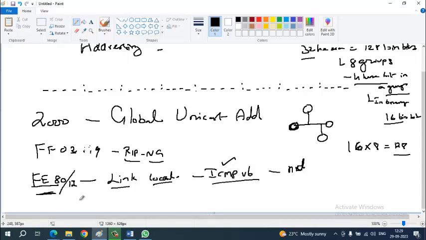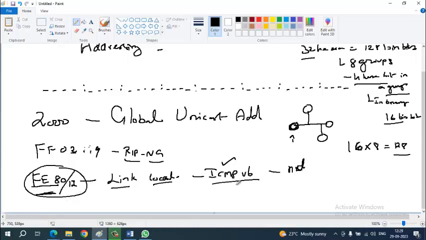See, whether it is a layer 2 broadcast or a multicast, there needs to be a source address and a destination address. The source address of this device which wants to discover is going to be its own link local address. What will be the destination address?